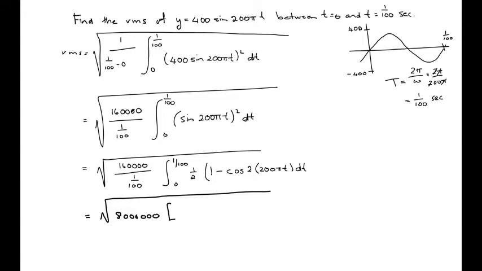We've taken the half out, we've dealt with the 100th, and now we've got the integral of 1, which is t, minus the integral of, that becomes 400 pi t, so it would be sine 400 pi t over 400 pi, and you would do that between 1 over 100 and 0.